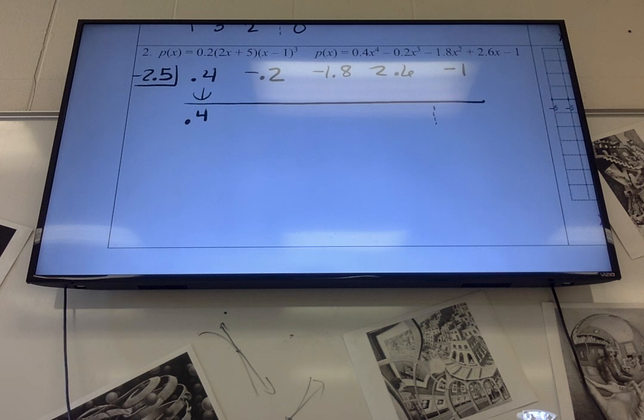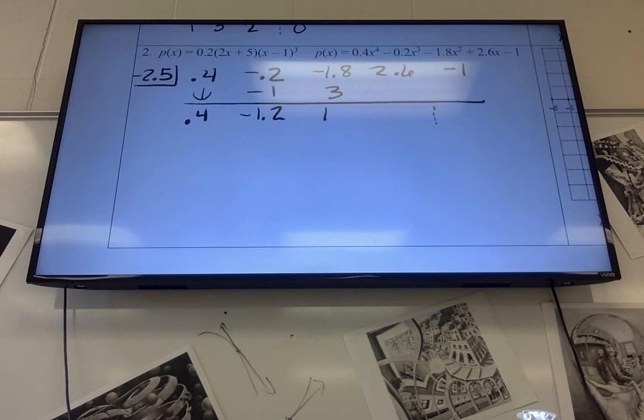So negative 1.2 times negative 2.5, I get positive 3.